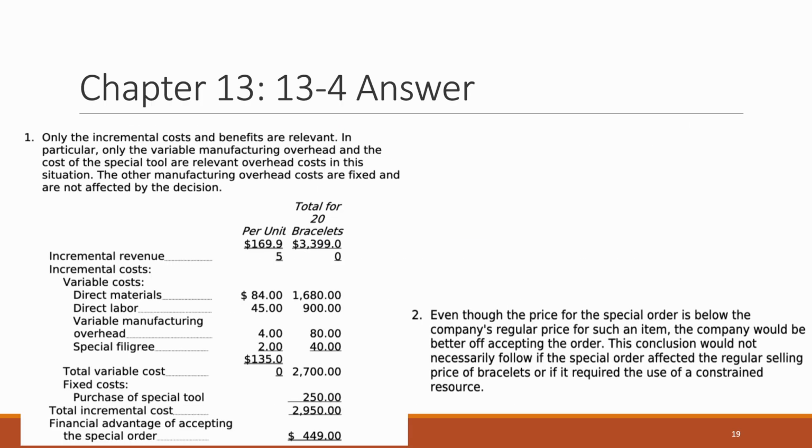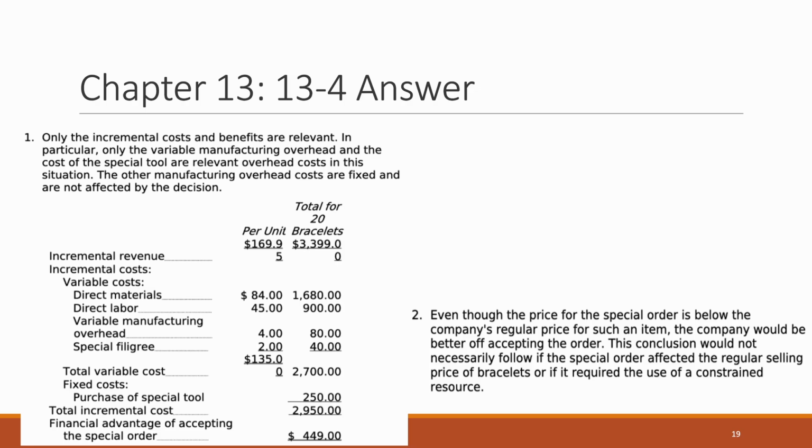So only the incremental costs and benefits are relevant in this question. In particular, only the variable manufacturing overhead and the cost of the special tool are relevant overhead costs in this situation. The other manufacturing overhead costs are fixed and are not affected by the decision. So that's the example there of what is a relevant cost.